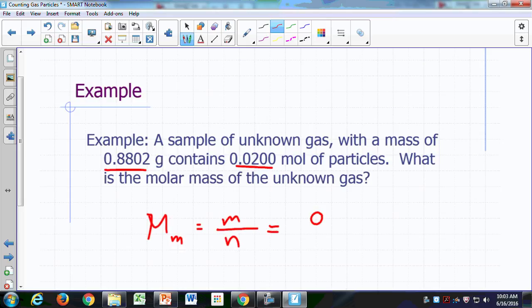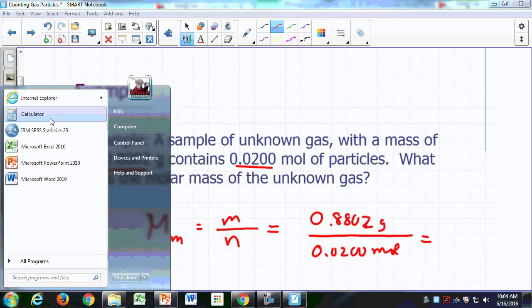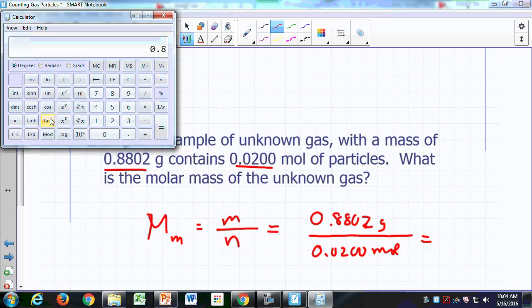Our mass is 0.8802 grams divided by 0.0200 moles. And that gives us 0.8802 divided by 0.02, 44.01 grams per mole.